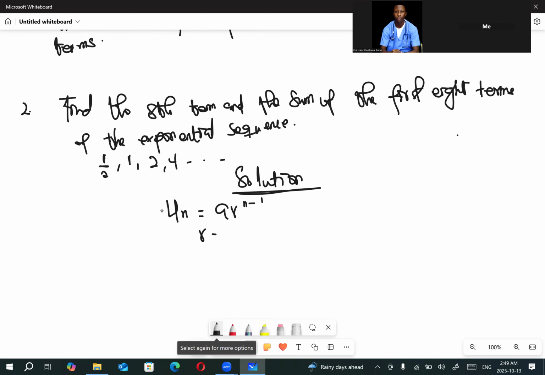So r will be equal to U2 minus what? U1. So that will be 1 minus half. It's not minus, it's U2 divided by U1. Say that again. U2 divided by U1. Oh yeah, right. That was for AP. For GP it's U2 over U1.